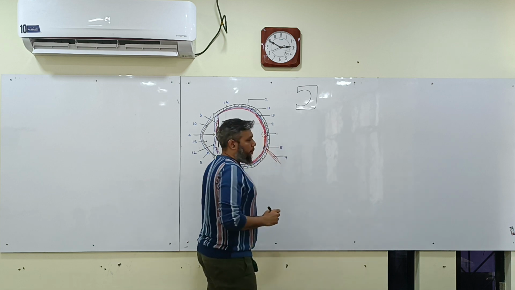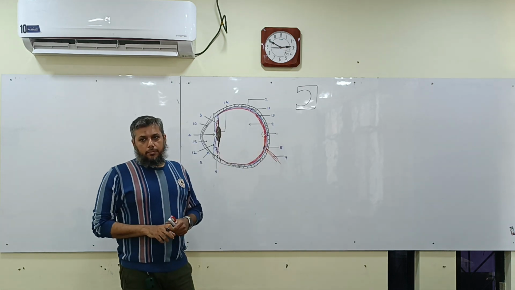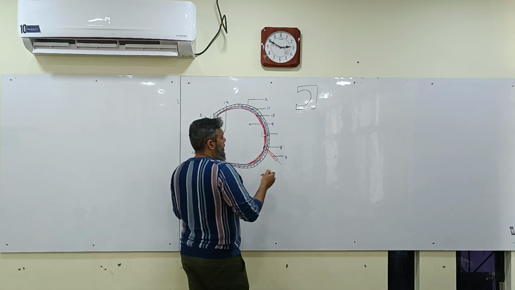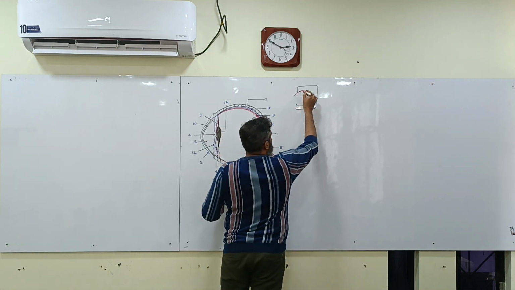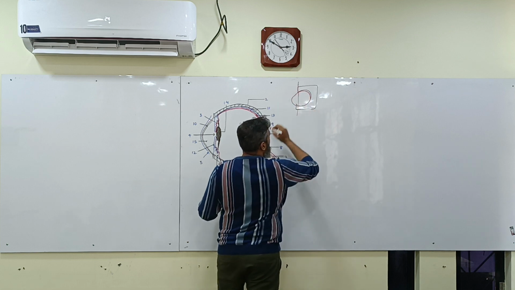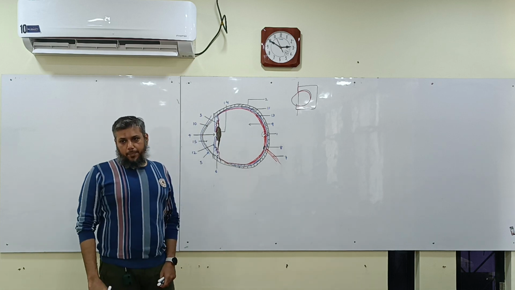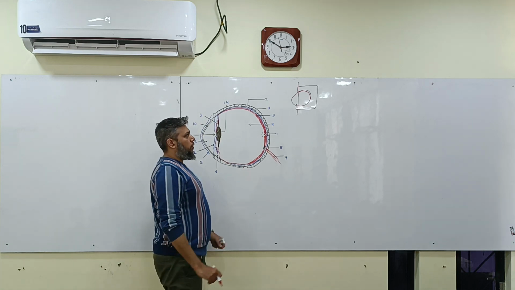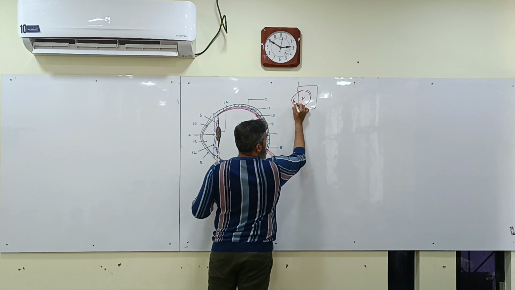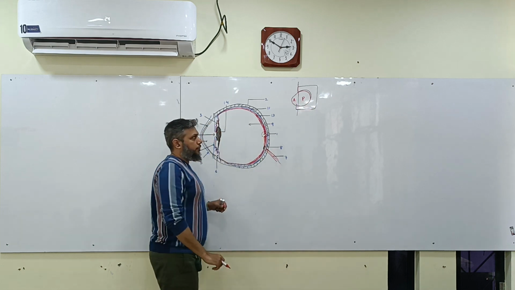So if I say this is the eye orbit, then the majority of the human eye is present inside the orbit. Only a small part is present outside. So most of the human eye is posterior, and the small part is anterior.